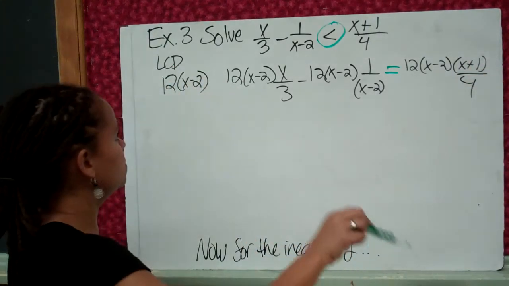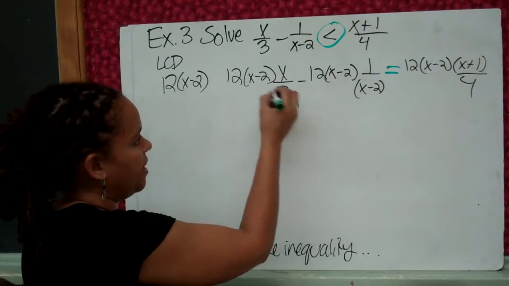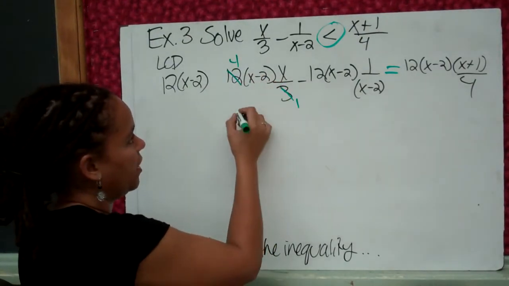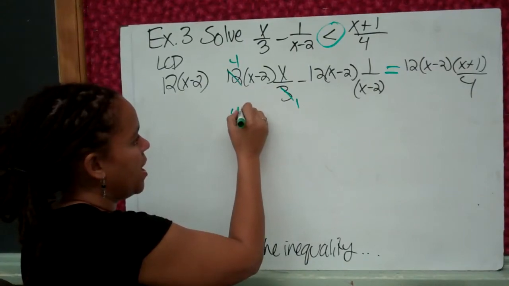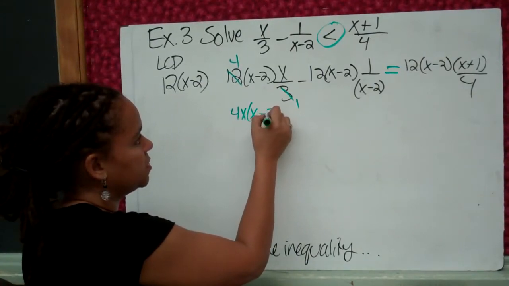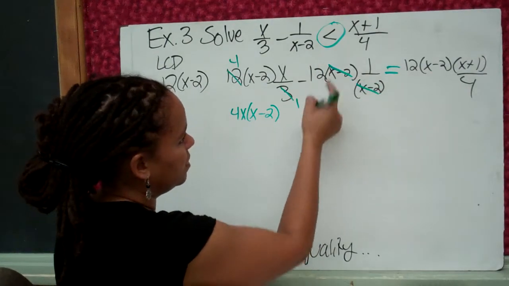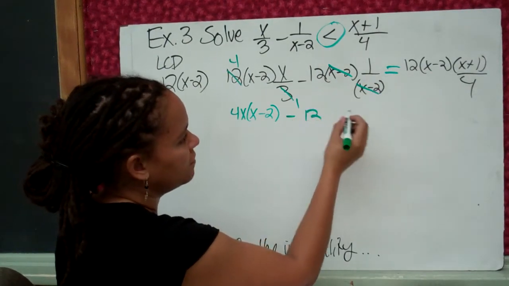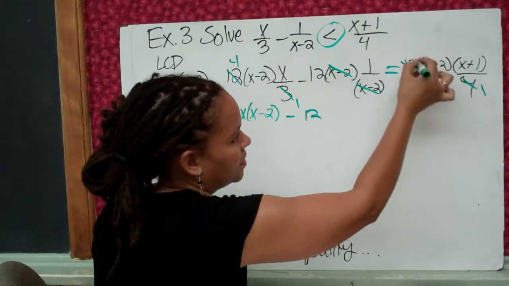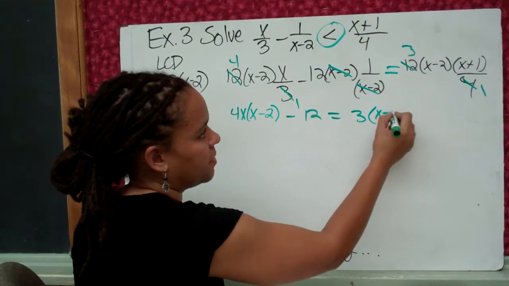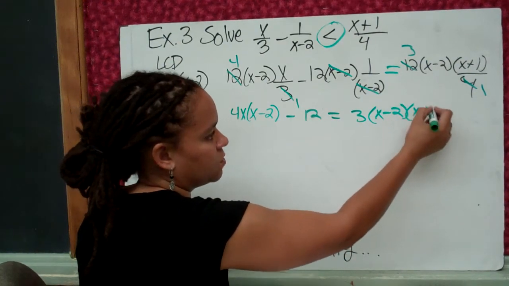So let's cancel. We can simplify that, make that 1, make that 4. So then we have 4x times (x minus 2). And these cancel out, and 12 times 1, so minus 12. And make this 1, make this 3. So then we have equals 3(x minus 2)(x plus 1).